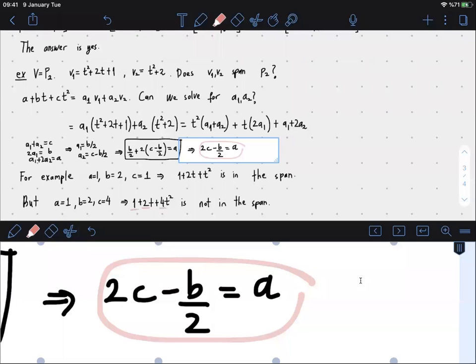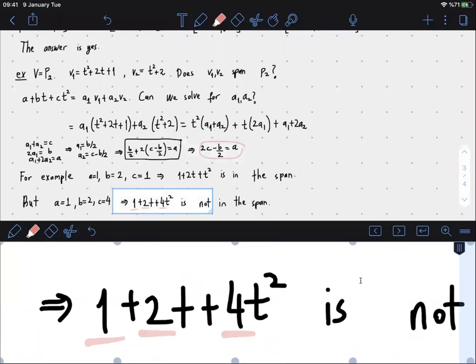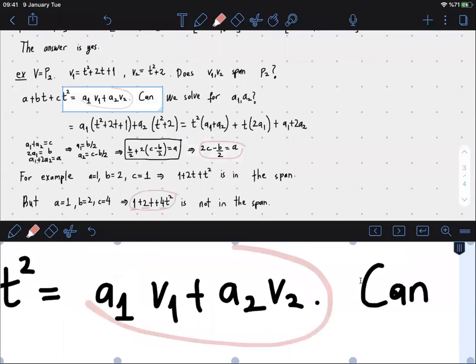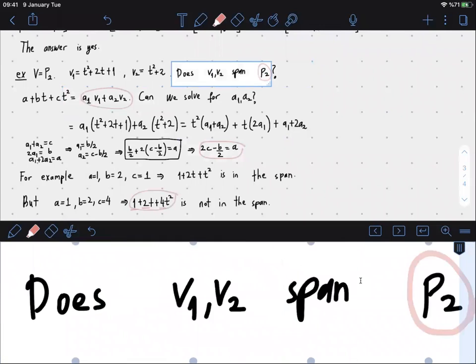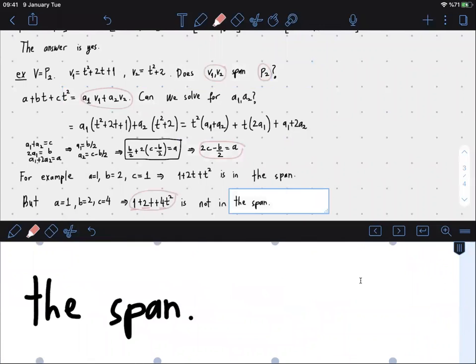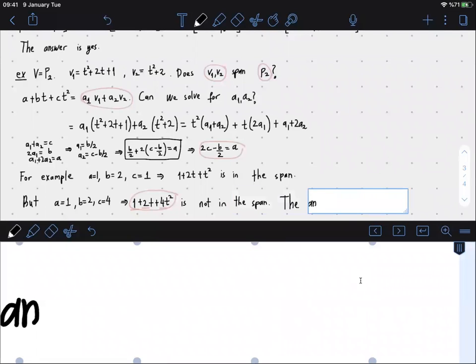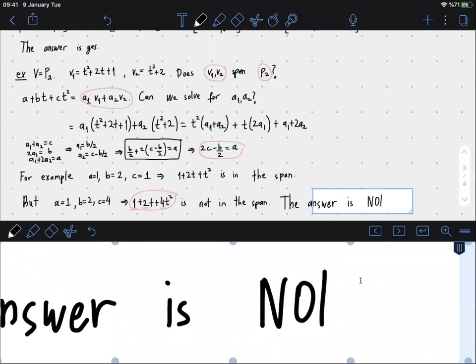Meaning I cannot express this polynomial in this form. So I cannot write all the polynomials in P2 using v1 and v2. The answer is no.